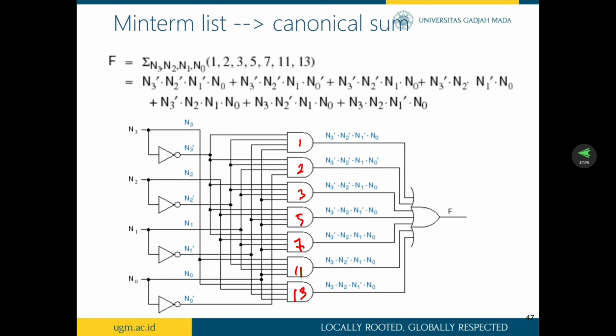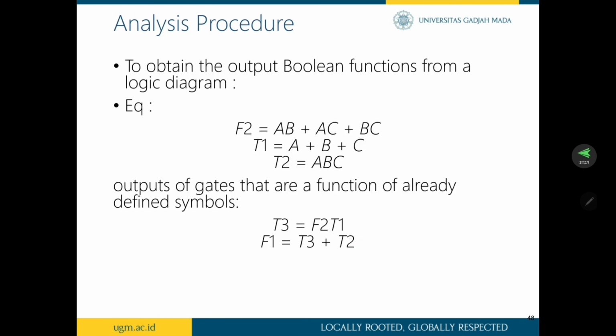So this is for the canonical sum. We can write all this using AND and then the last is using OR.